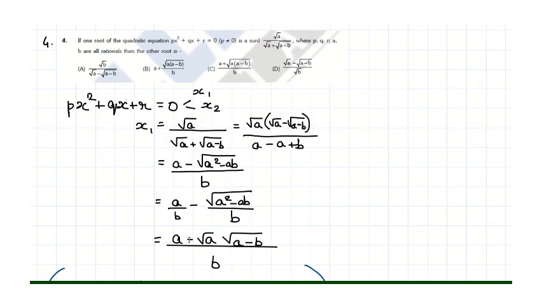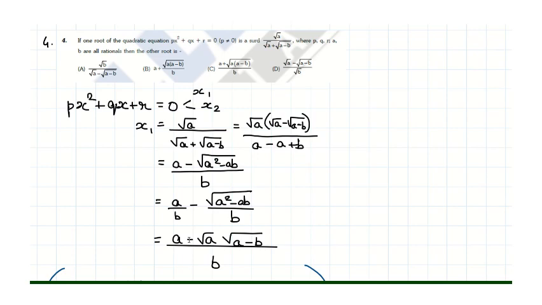In the fourth question, one root for the quadratic equation px² + qx + r = 0 is the third root a divided by (root a plus root of (a minus b)). We need to find the other root. When we simplify the root given in the question by rationalizing the denominator using (a + b)(a - b) = a² - b², we get the first root of the equation as a minus under root (a² - ab), which is equal to (a minus root a times root (a - b)) whole divided by b.